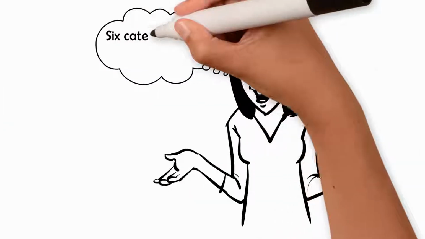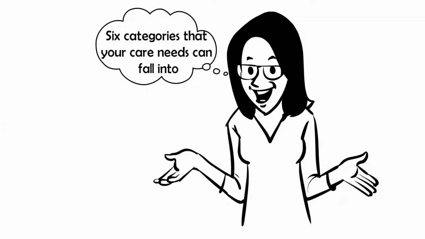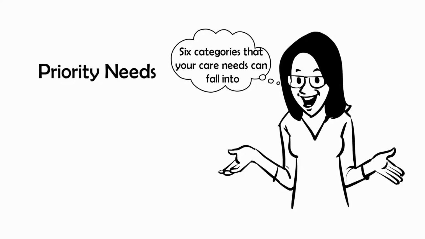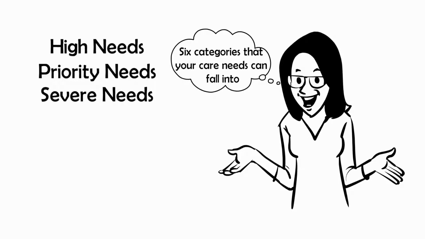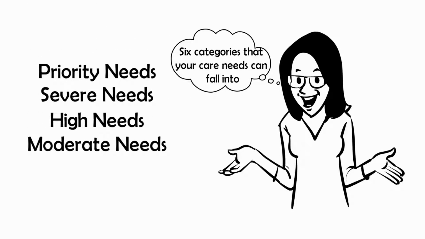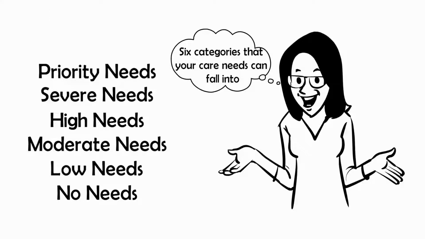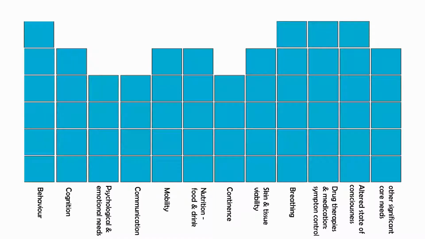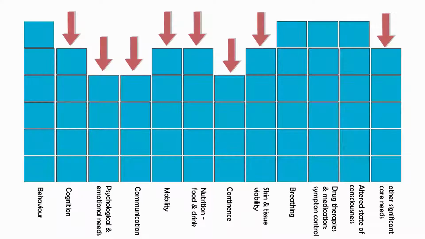There are 6 categories that your care needs can fall into: priority needs, severe needs, high needs, moderate needs, low needs, no needs. However, you will see that the top 2 categories are not available in all the care domains.